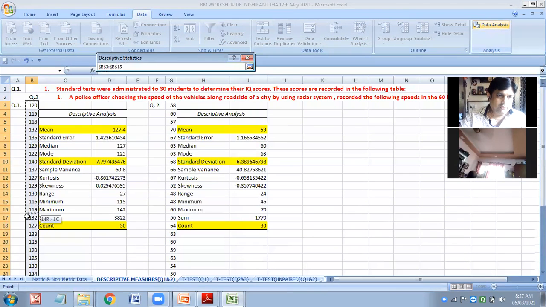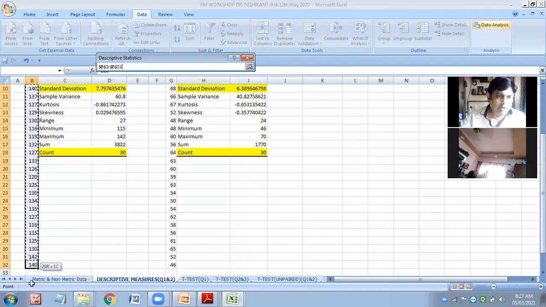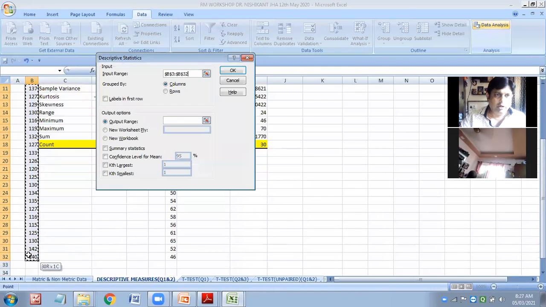My input range is from here to here. This is my data of 30 student IQ scores. Now I want to go for the output range.